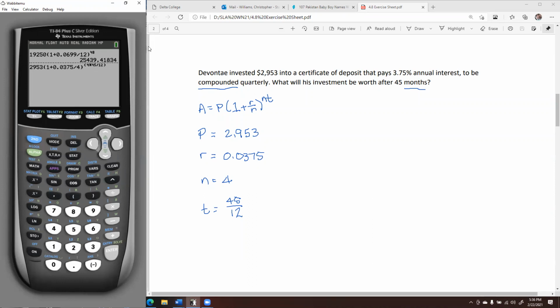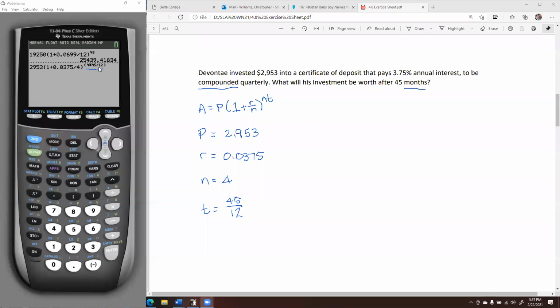Now this is what I meant when I said if you have an expression for your exponent, just go ahead and enter it. Don't waste time trying to convert it. Let the calculator do that for you.